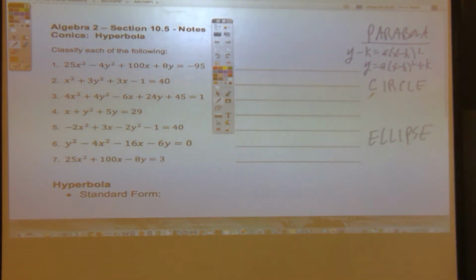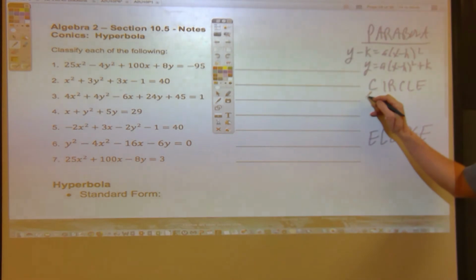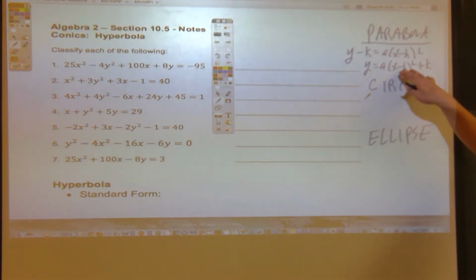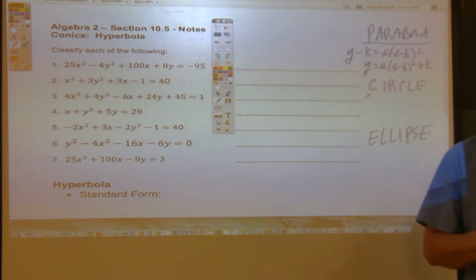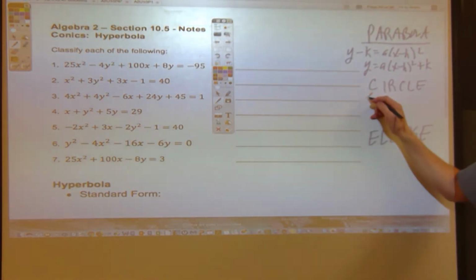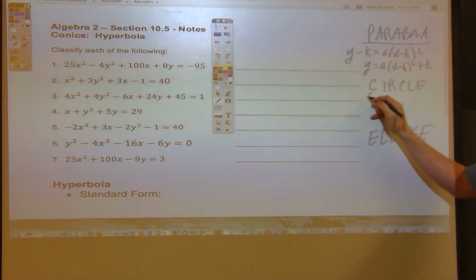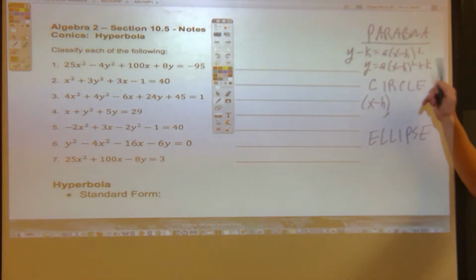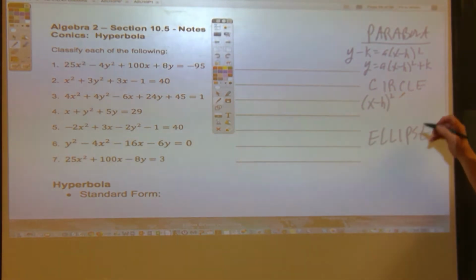What happens to x minus h in a circle? It's the same thing as in a parabola. So it does have this in it, and it also has a lowercase r. So tell me what you think it is, starting with the part that I told you is there. Let's go with x minus h squared. And then something with an r.